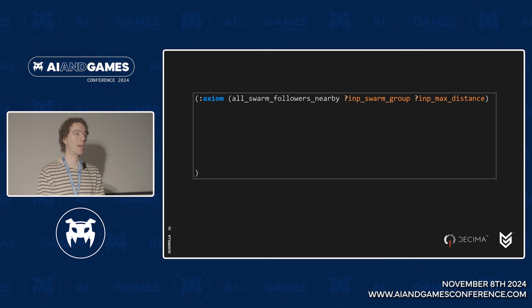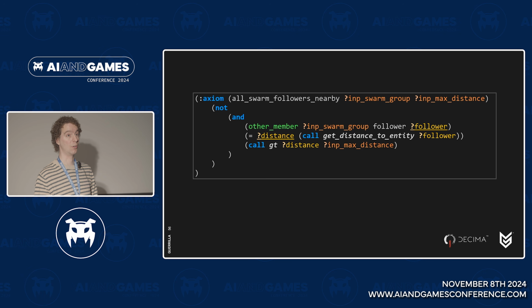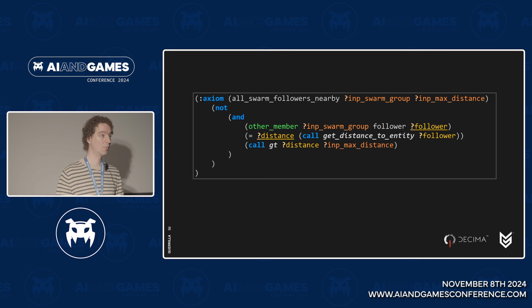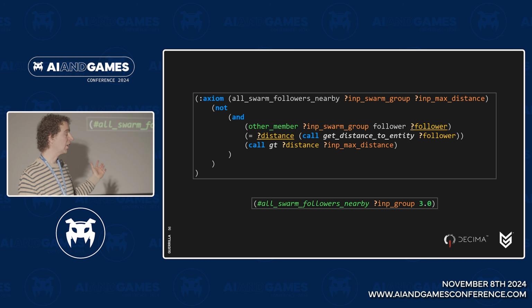It's coded as the double inverse. So there's not one follower which is at a distance which is greater than the supplied max distance. It looks like this. So we can query this like before using this syntax. And let's now look at what that looks like in our in-game debug view.